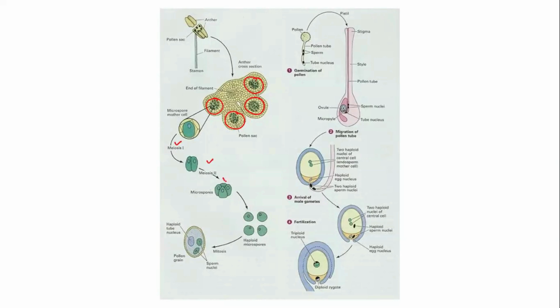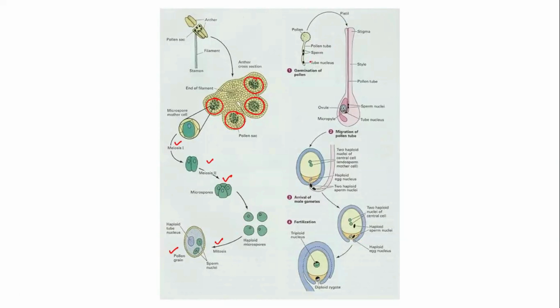These microspores again undergo mitosis to develop the pollen grains. This pollen grain will be fusing with the egg cell. Now, how does the egg cell form? As we discussed right now, through megasporogenesis.